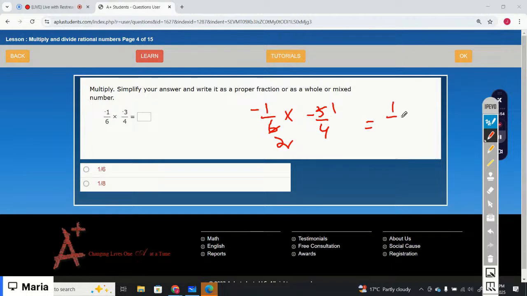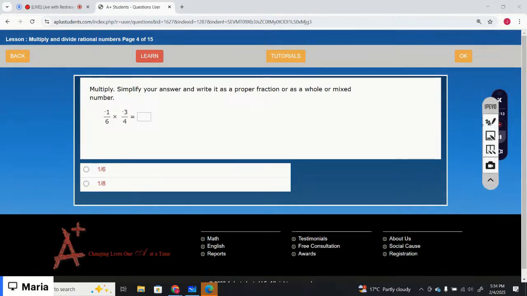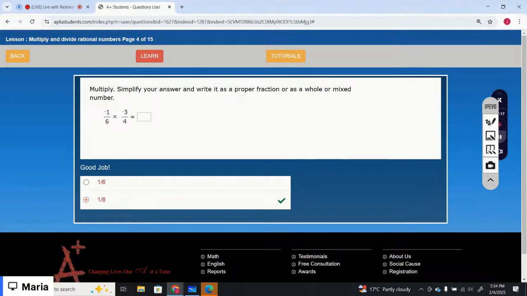So that is 1 over 8. You are multiplying two negative numbers. So the product of two negative numbers is positive. That is 1 over 8. Option number 2 is the correct option.